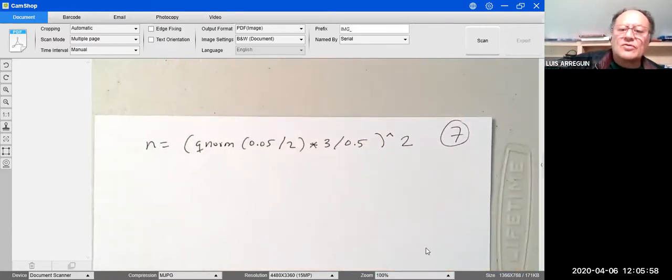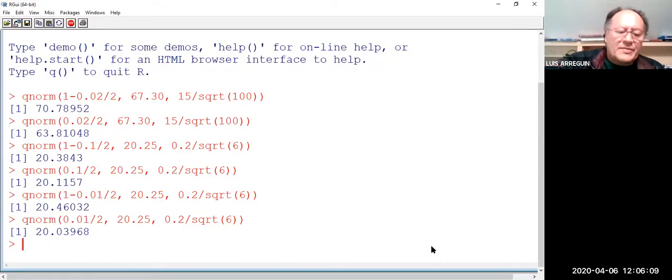So I'm going to use my R console to get the result. So in the R console, I'm gonna use parentheses qnorm of 0.05 over 2.